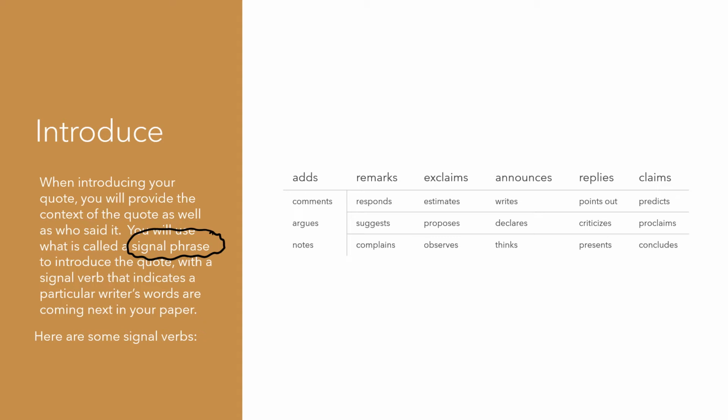And I've just given you a chart here of signal verbs that are often used when you're talking about and introducing research. Things like argues, suggests, thinks, presents, claims, etc. So you can come back to this chart anytime you want and find verbs that you can use when you're incorporating your research and creating a signal phrase to introduce your research.